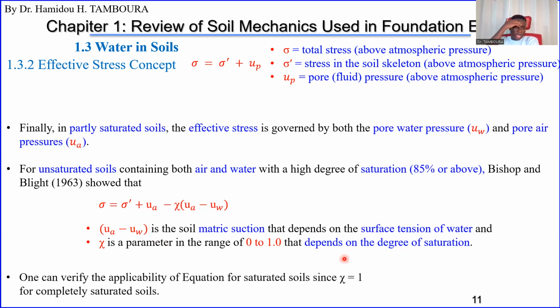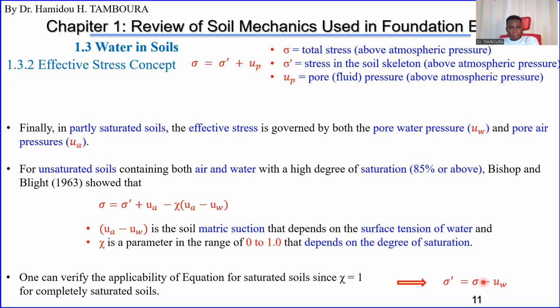So in the case where the soil is saturated, in that case, this chi is equal to 1. So completely saturated soil, and in that case, it means that there is no air in the soil. If this one is 1, then we can get this formula easily, the previous formula we showed before.